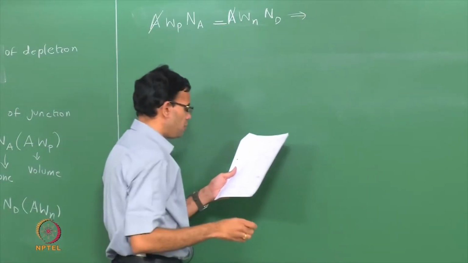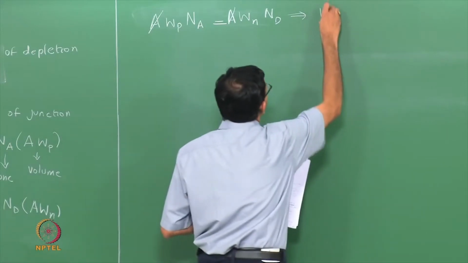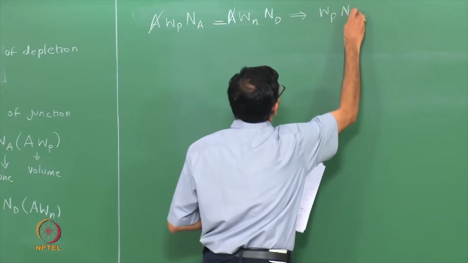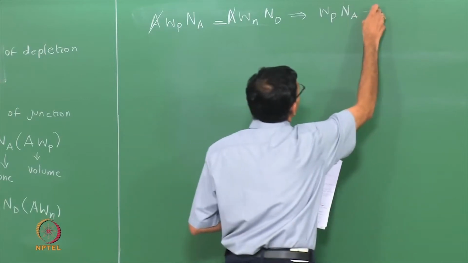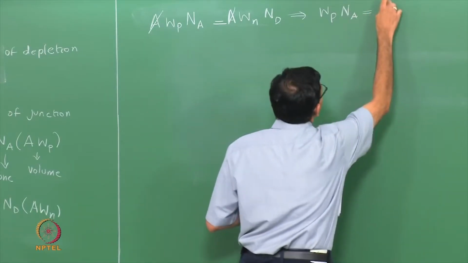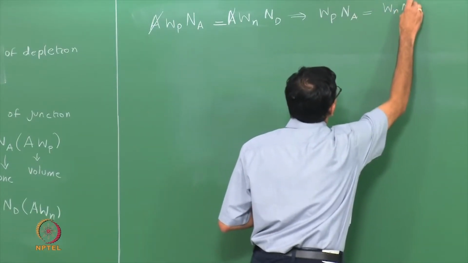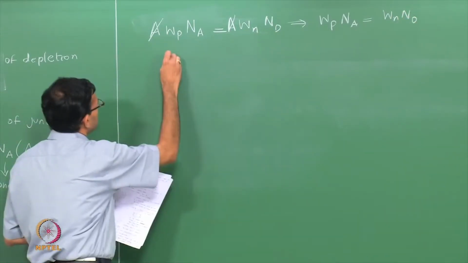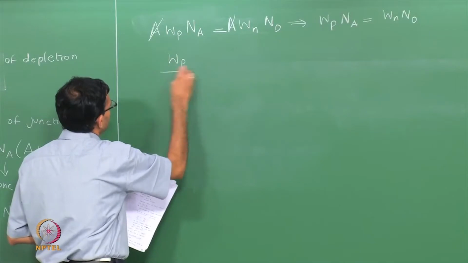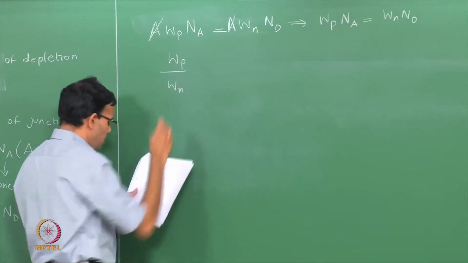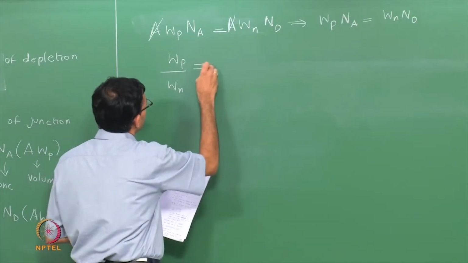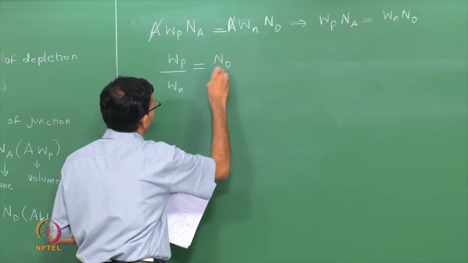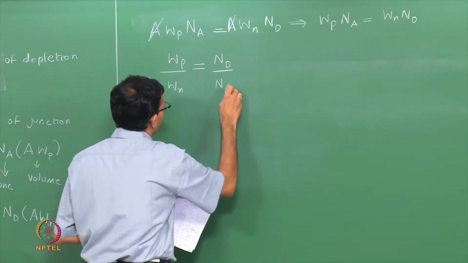So, what we are left with is Wp Na is equal to Wn Nd. Another way of writing this is that Wp over Wn is equal to Nd over Na.